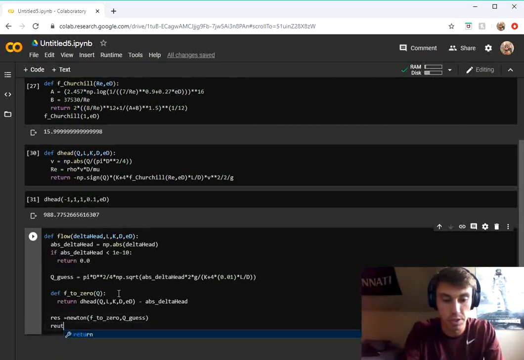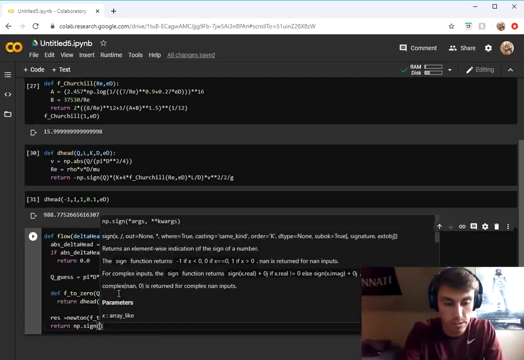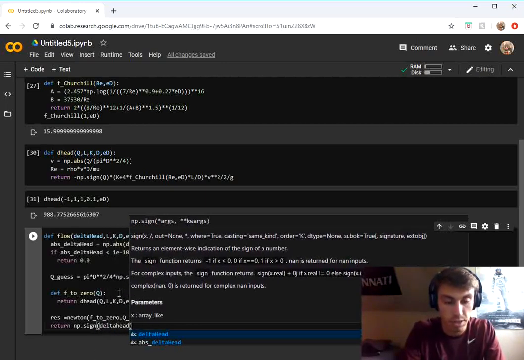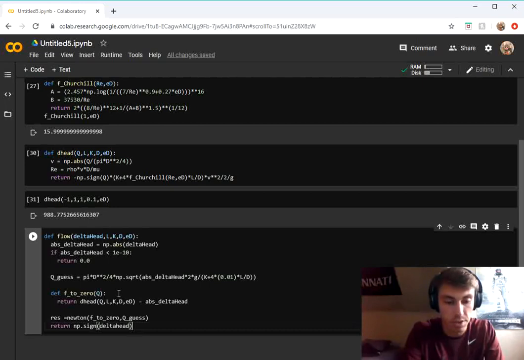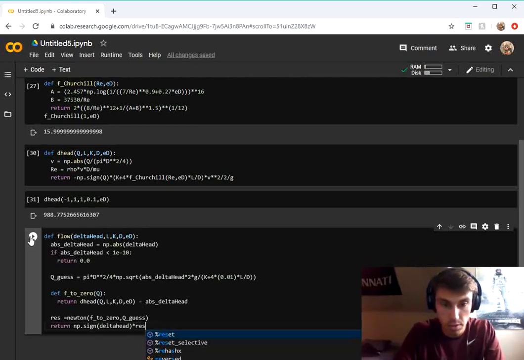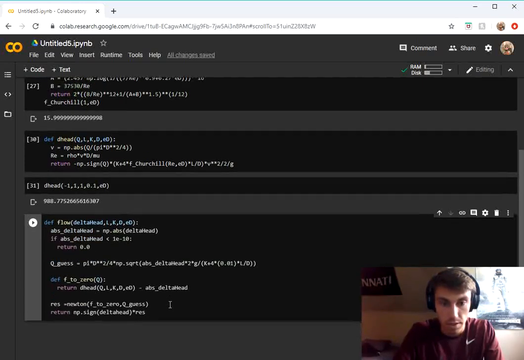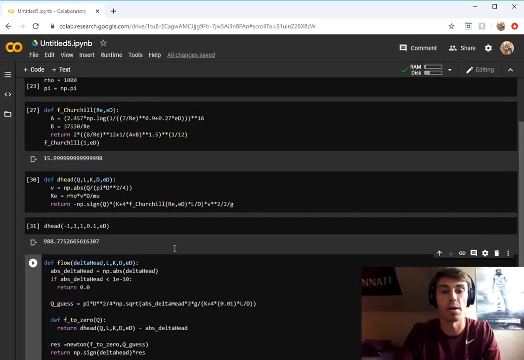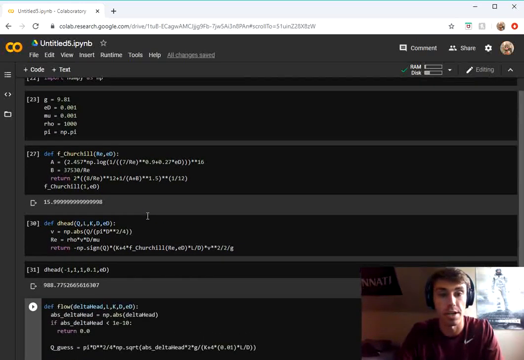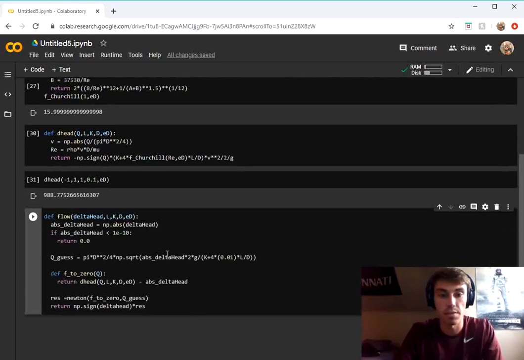That will return np dot sign delta head, because we want to still keep that in account like we did earlier, times the result. And these are the functions that will help us find the change in head and the flow rate for our system. Thank you.